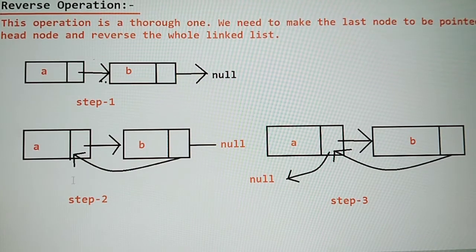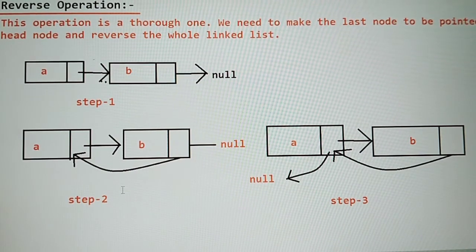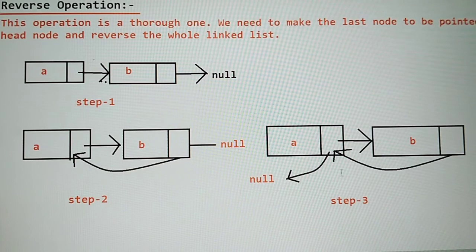and then in step 2 you can see at the B position the reverse operation. For this reverse operation, B's location contains the next node's location, so it will be reversed, and B also contains A's location.